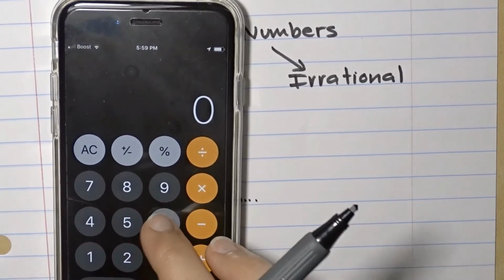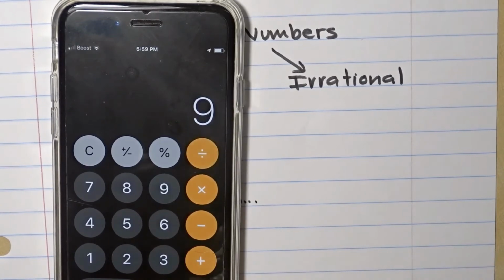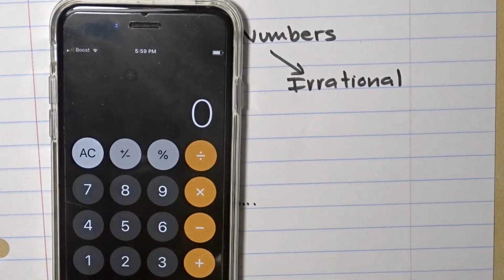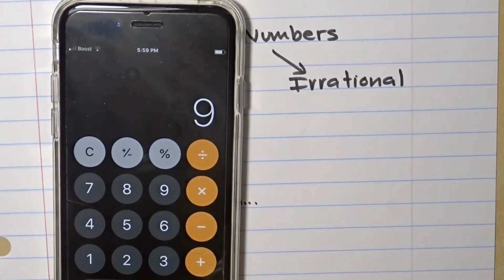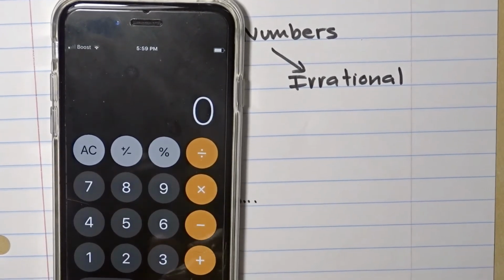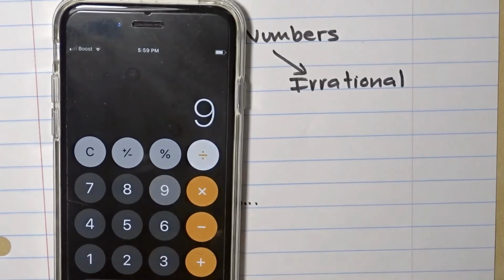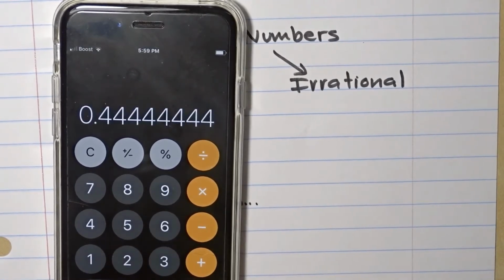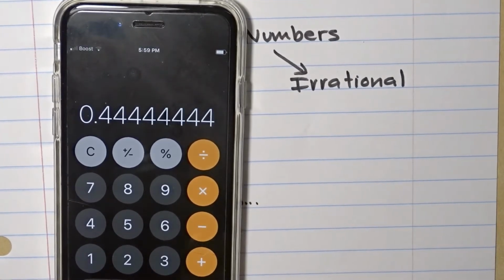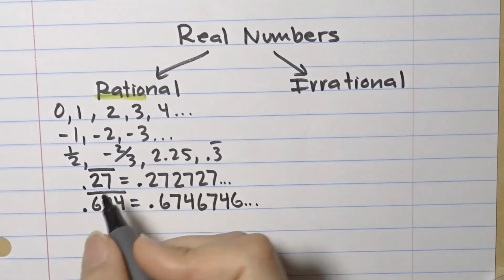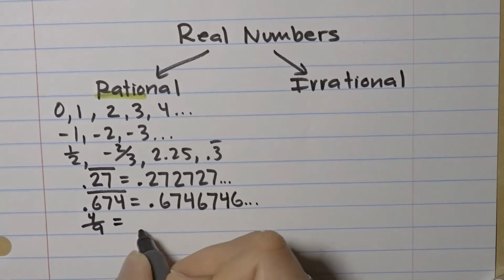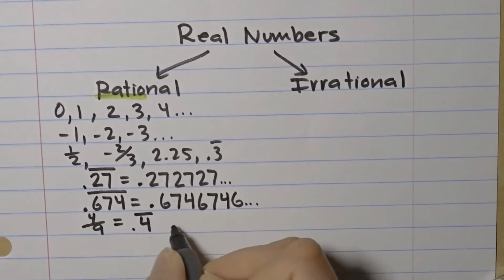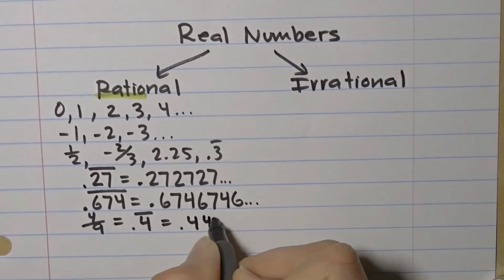If I have 6 divided by 9, it's 6 repeating. 2 divided by 9, what do you think that is? 2 repeating. If I get 4 divided by 9, what do you think that is? 4 repeating. So anytime you divide by 9, it repeats that digit. So 4 over 9 is 4 bar, which is 4 repeating.